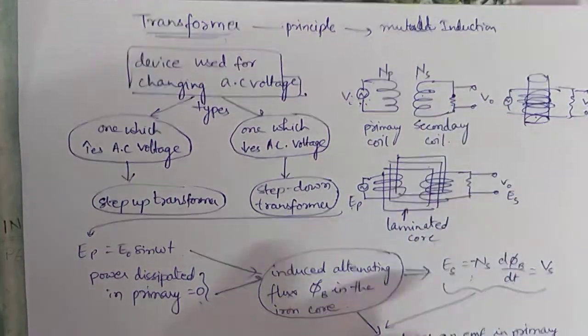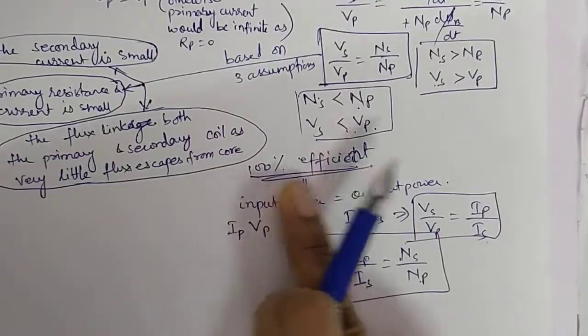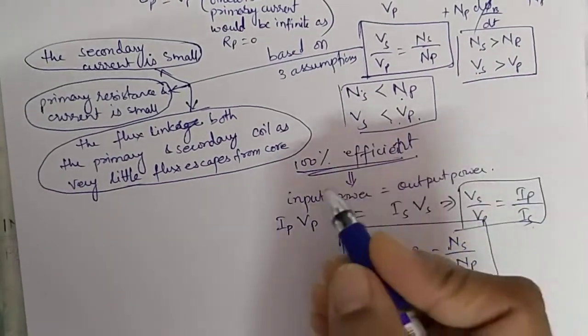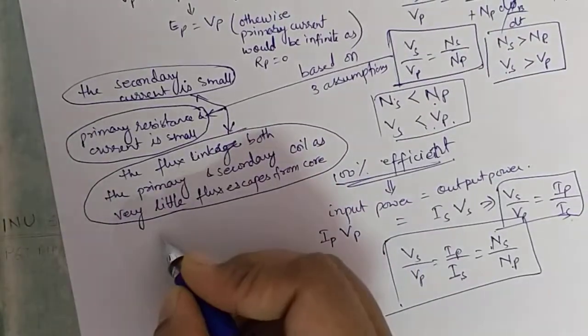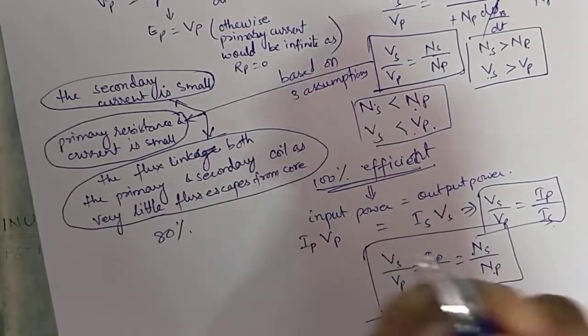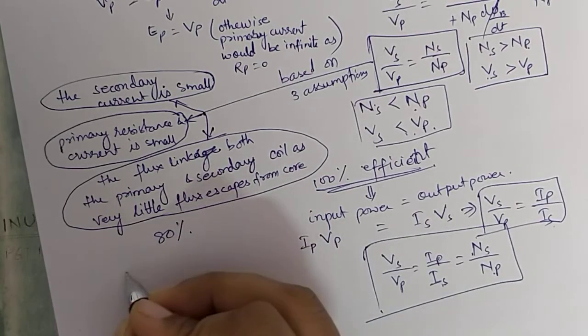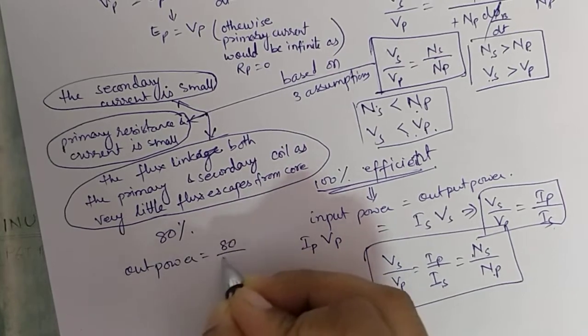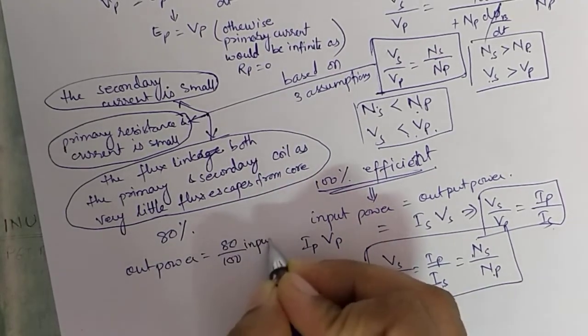And here I took 100% efficiency, but sometimes in a numerical a 100% efficient transformer may not be given. Suppose the efficiency of the transformer is given as 80%. So if efficiency is 80%, that means your output power is equal to 80% of input power.